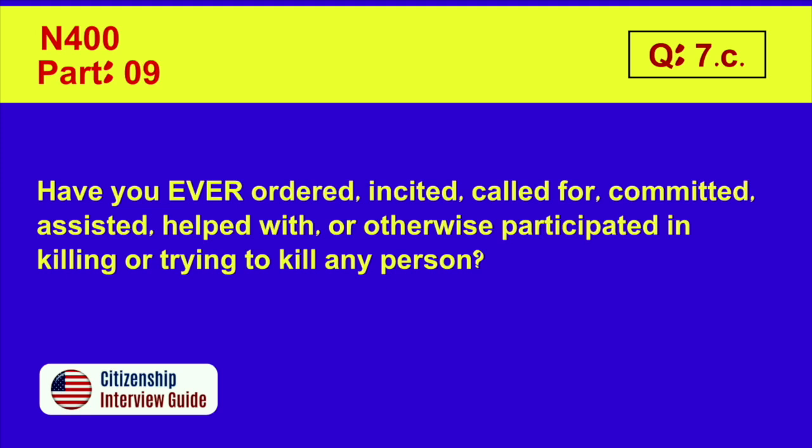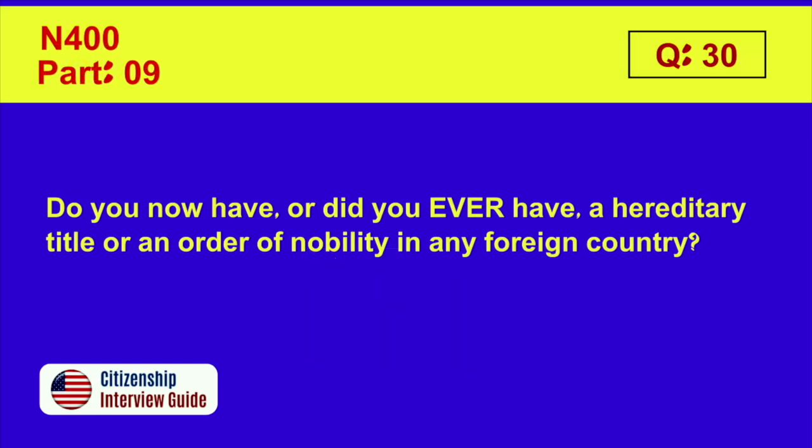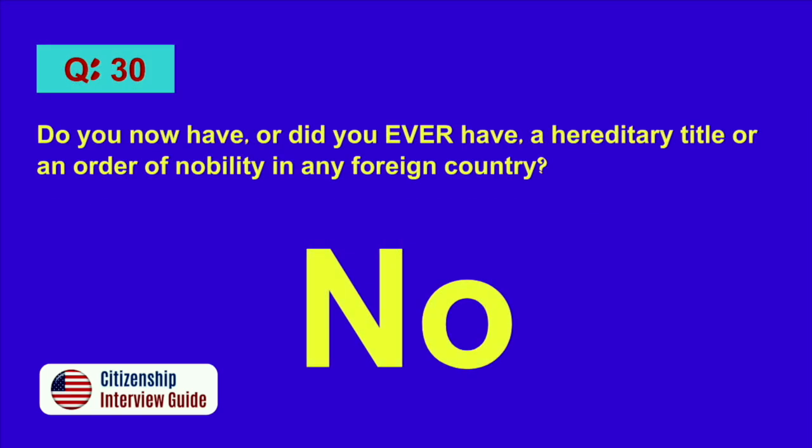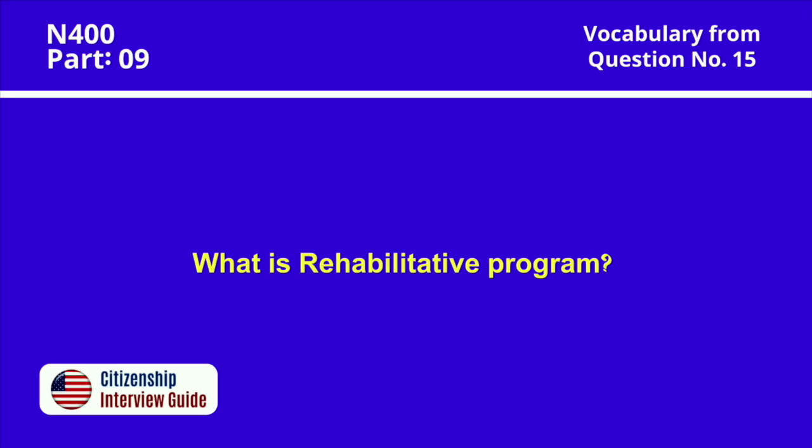Have you ever ordered, incited, called for, committed, assisted, helped with, or otherwise participated in killing, or trying to kill any person? No. Do you now have, or did you ever have a hereditary title or an order of nobility in any foreign country? No. What is rehabilitative program?